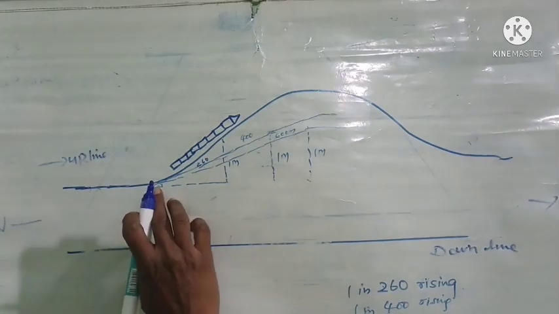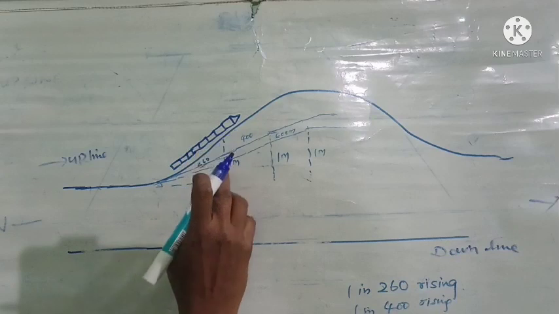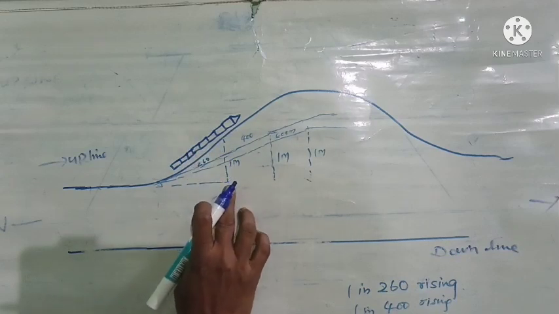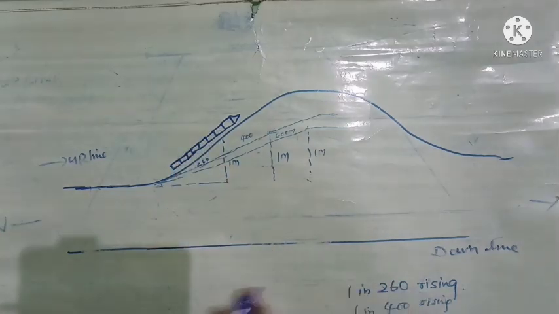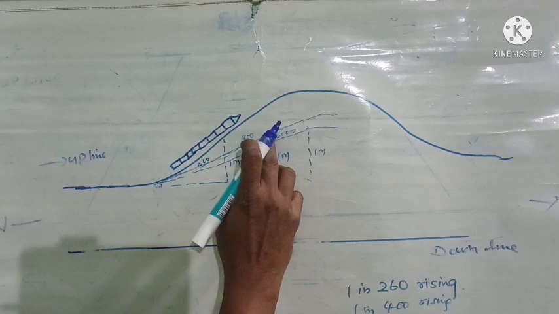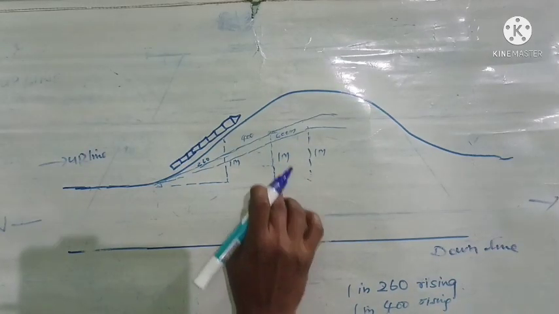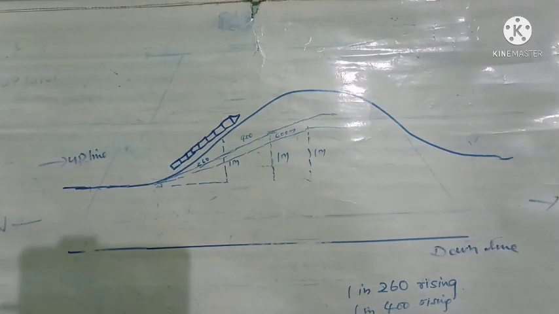From the plane surface, when the track is laid and when it reaches 260 meters, it is 1 meter high from the plane surface. Then it is called 1 in 260 rising. When the track is laid 400 meters, then only it has the height of 1 meter from the plane surface. Then it is called 1 in 400 rising.